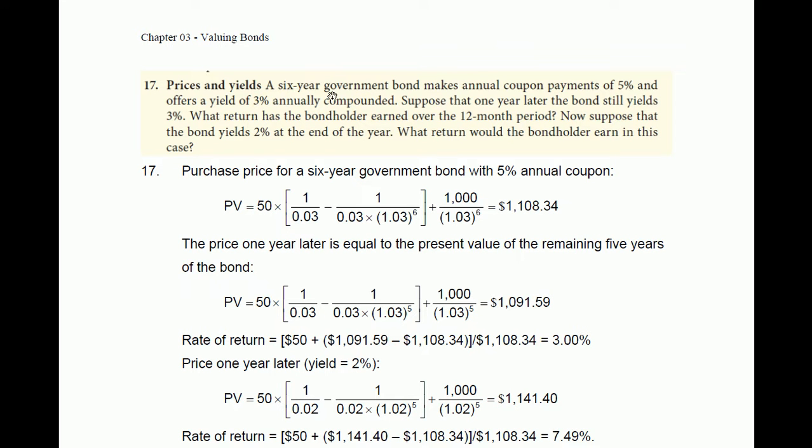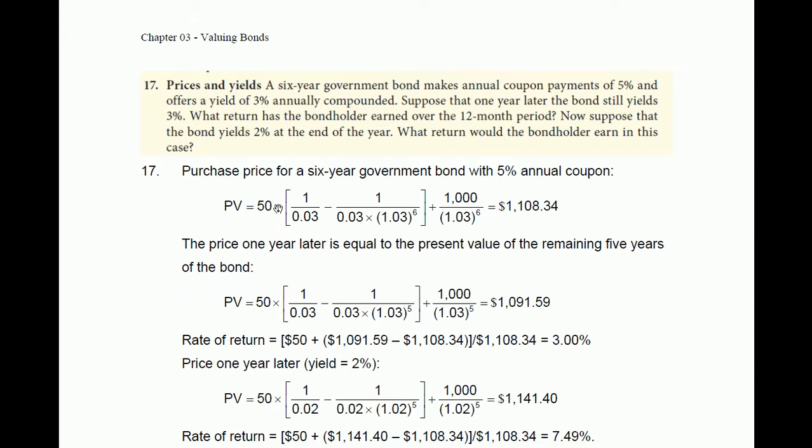Notice that for a U.S. government bond, the face value would be $1,000 instead of 100 euros as we see in the last question. So with a coupon rate of 5%, the coupon would be $50.